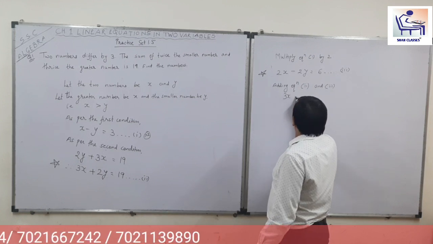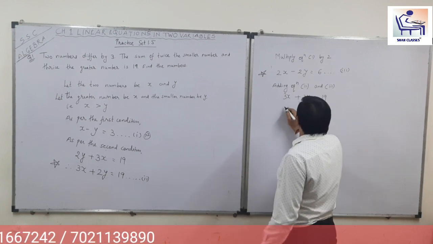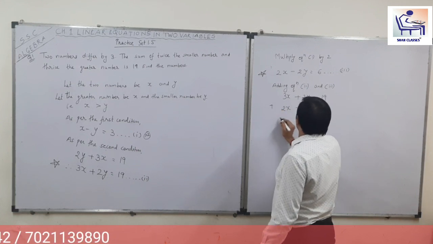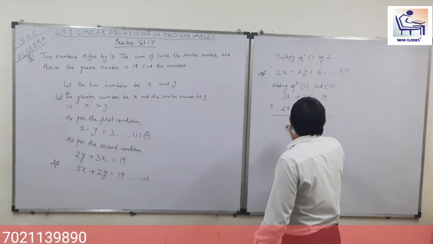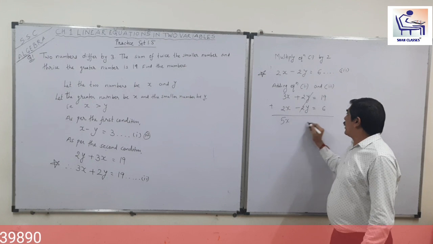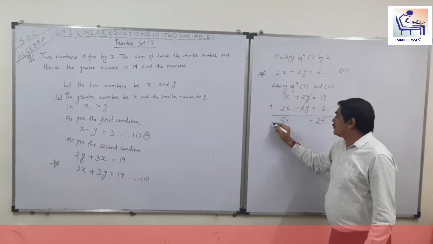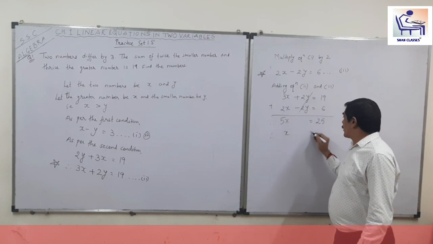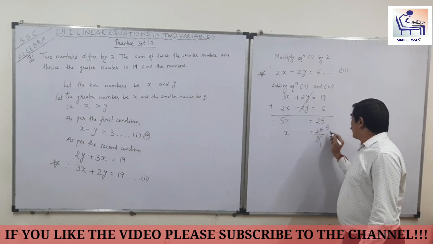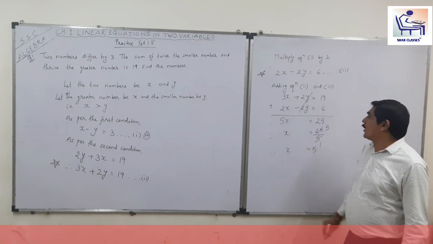So 3x plus 2y is equal to 19 and 2x minus 2y is equal to 6. Plus 2y minus 2y cancel. 3x plus 2x is equal to 5x. 19 plus 6, 25. So x is equal to 25 upon 5. 5 ones are 5 and 5 5s are 25. So x is equal to 5.